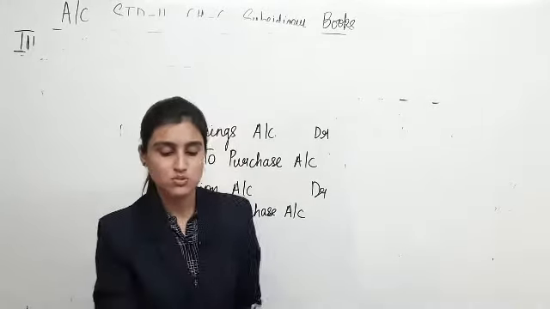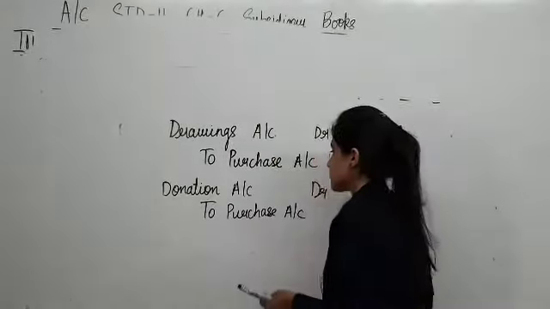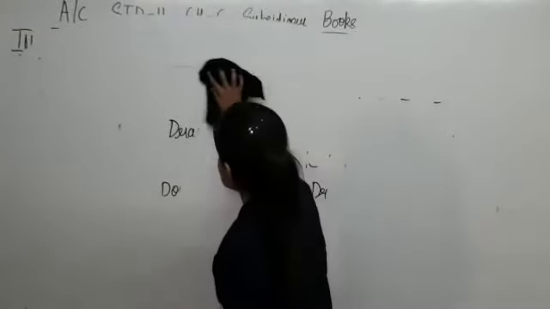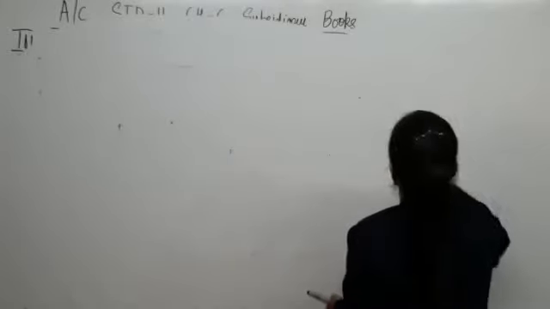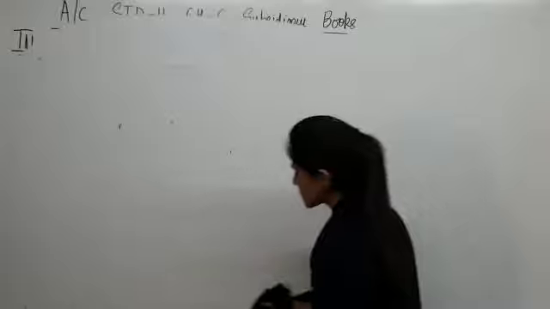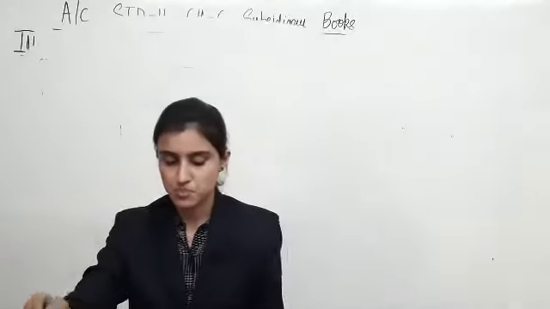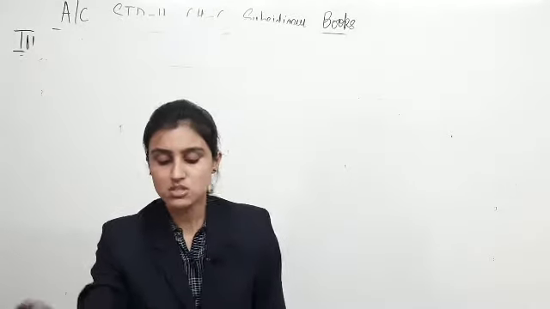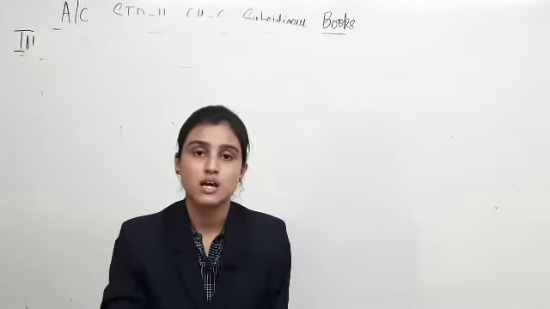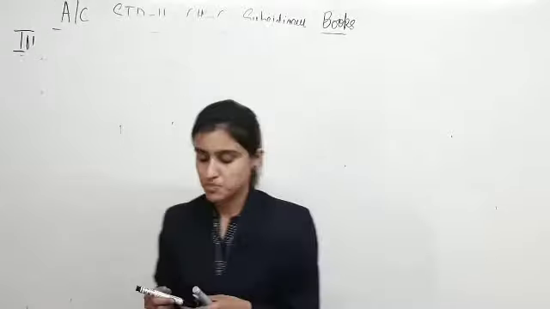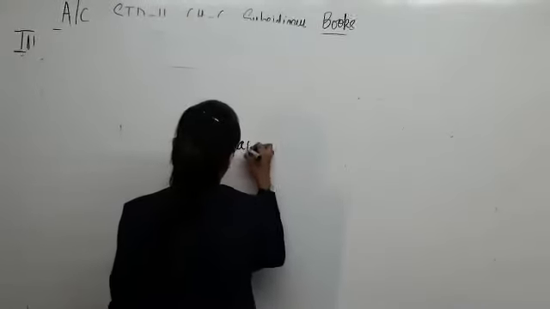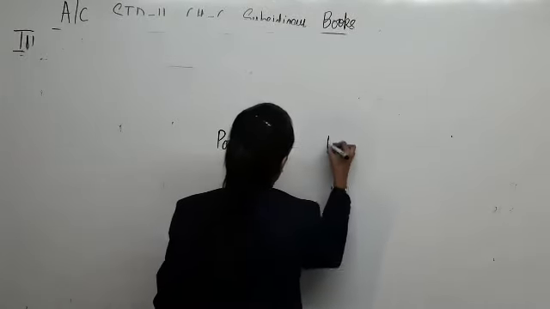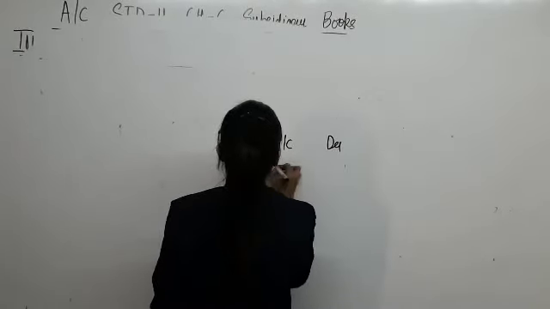Whenever you issue a cheque, ultimately you are making a payment, not in cash. Actually this is a cash transaction, but from where will the payment be made? From the bank. So ultimately the bank is the giver and hence bank account will be credited in this transaction. Now to whom is the cheque issued? Who is the receiver of this cheque? It is Param. So Param account debit, to bank account.